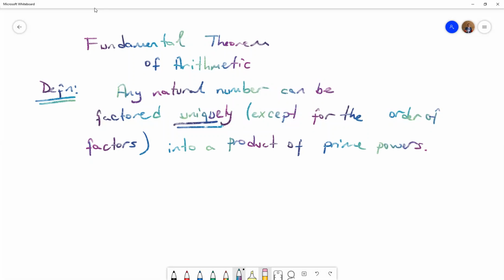It is unique, but the order may change. Let's read again. A natural number can be factored uniquely except for the order of factors into a product of prime powers. This is important.